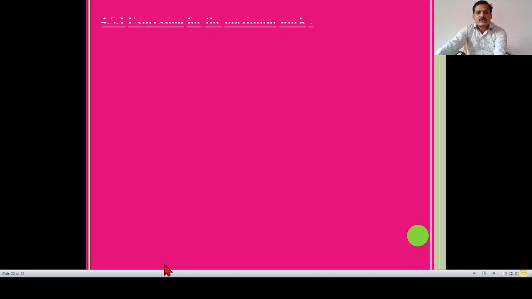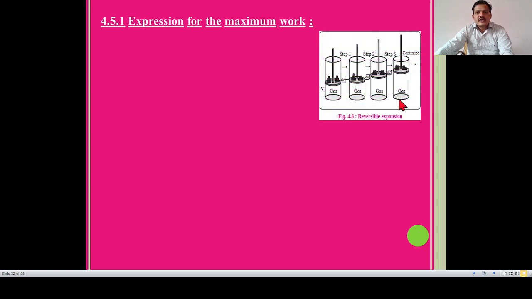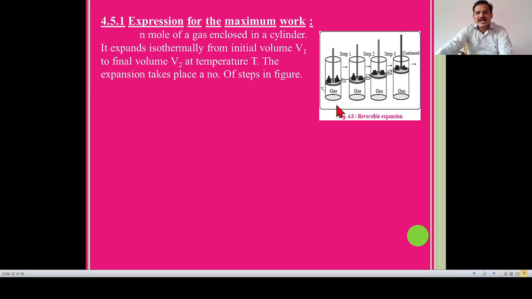Now, the expression for maximum work. In the figure, we consider an ideal gas, or n mole of any gas, enclosed in a cylinder fitted with a frictionless and movable piston.